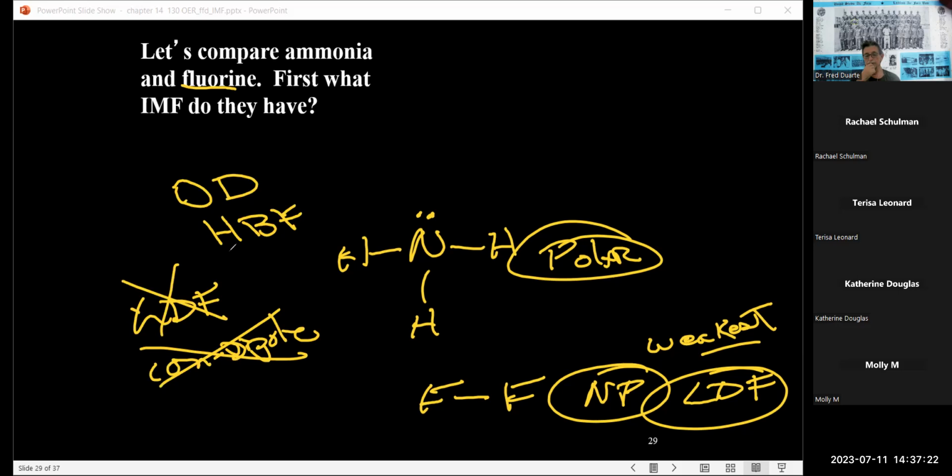Yes, there's a dipole here, but we also know, hopefully, that we have hydrogen bonded to nitrogen, which is that special dipole where you have hydrogen bonded to those three atoms, nitrogen, oxygen, and fluorine, which results in hydrogen bonding being assigned to ammonia.